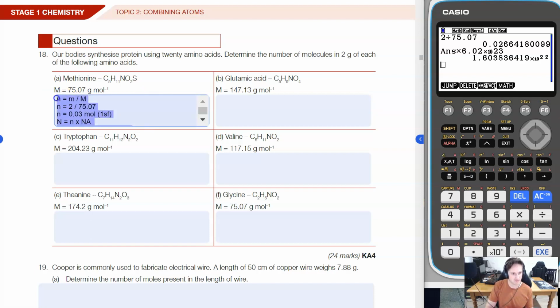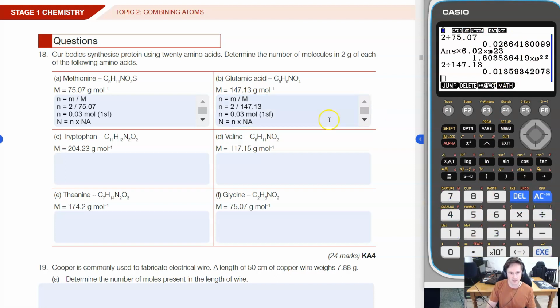I'm going to save myself a bit of time here, and I'll just copy paste. And for you, if you're writing it in your book, you'll be essentially doing the same thing, just substituting the same numbers. So for glutamic acid, the mass is 2 grams because all of these are 2 grams. But when we calculate the number of moles, we're going to change that to 147.13. So I can go 2 divided by 147.13, which is going to be this here.